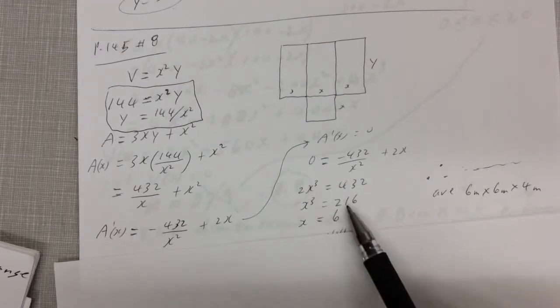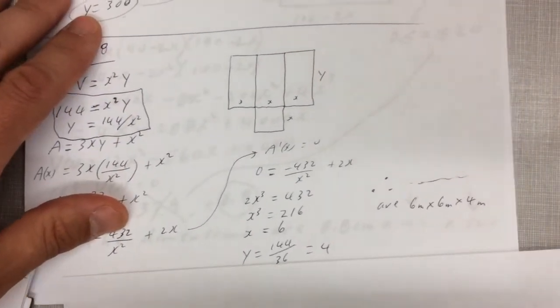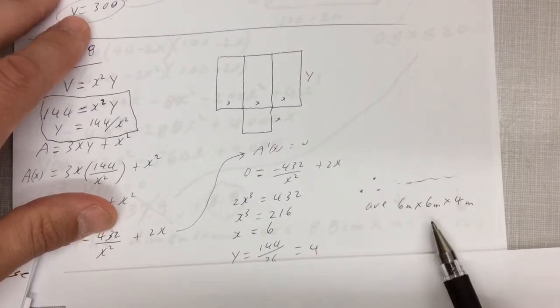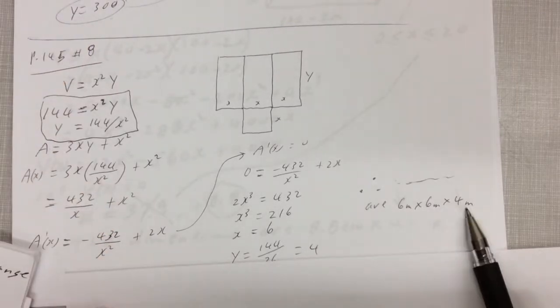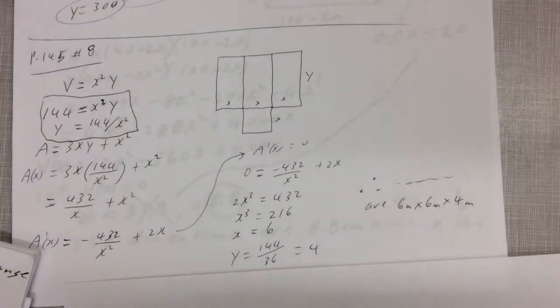Okay, so we know a cubic's only going to give one positive answer. Then we can sub that in to get y, and from that we've got the dimensions are 6 by 6 by 4. Okay, so that's number 3.